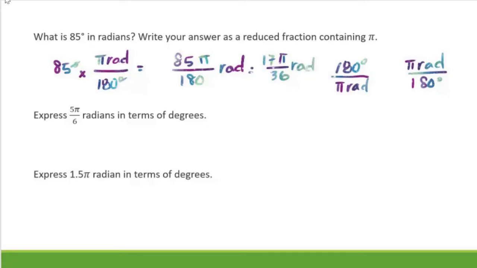What about going the other way? 5 pi over 6 is a measure in radians. We want to convert that to degrees, and since radians is currently the unit in the numerator, we want to use the conversion factor that has the unit in the denominator. 180 degrees is equal to pi radians. This is nice and tidy because not only does radians cancel, but the pi cancels as well.